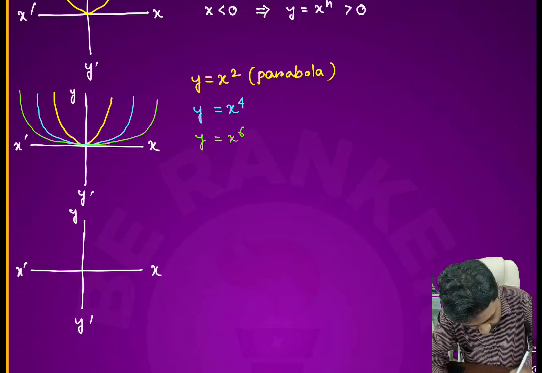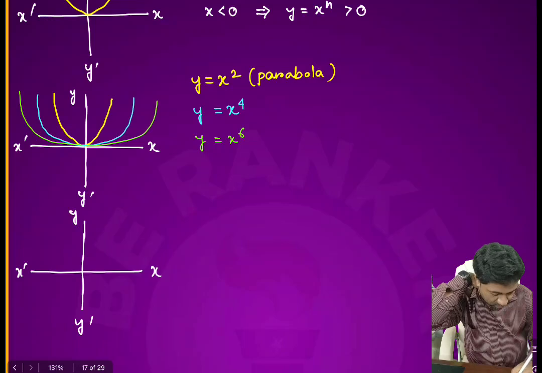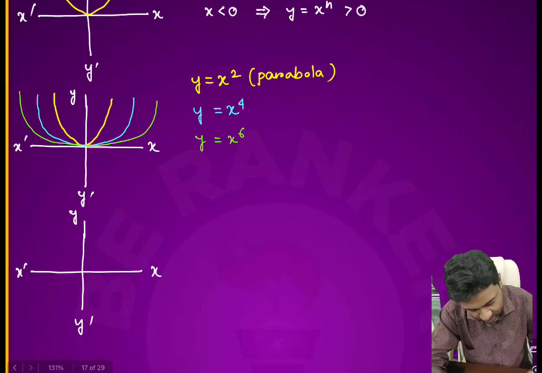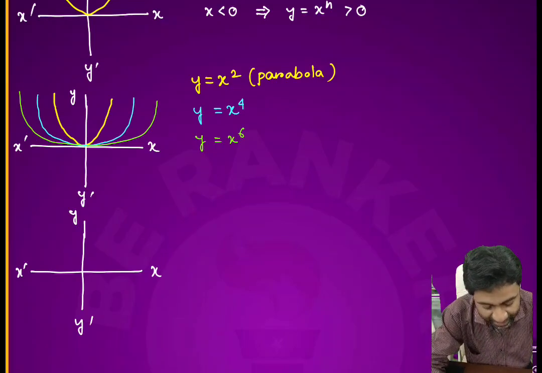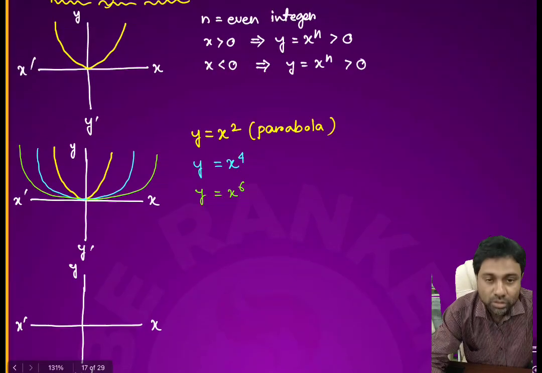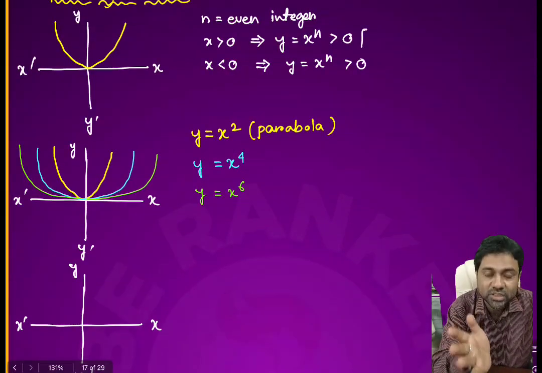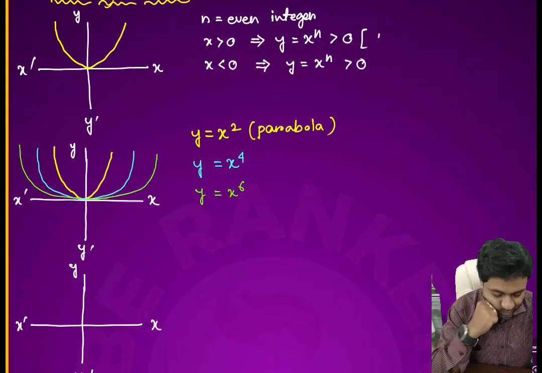So if x dash, y dash. You can clearly think of this fact, since x is now negative, so the graph has its part in the first quadrant and third quadrant.